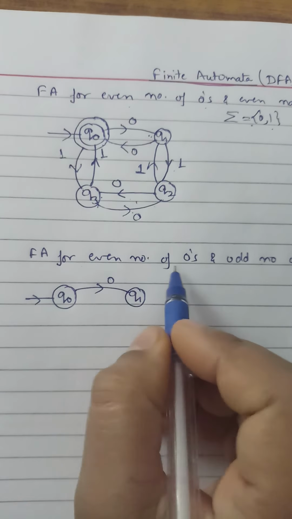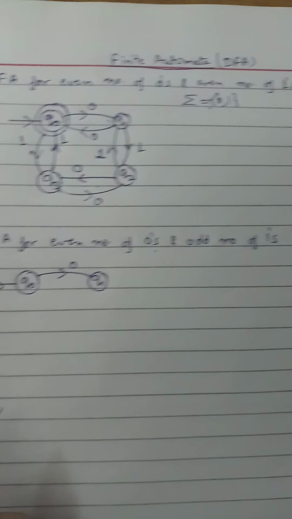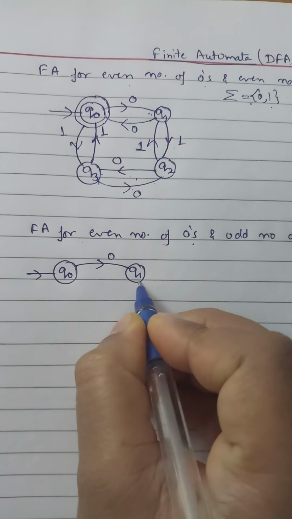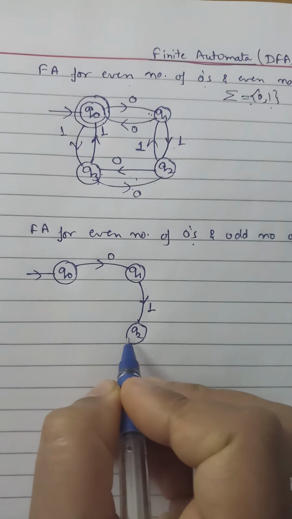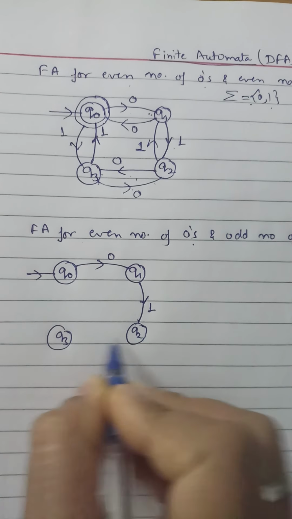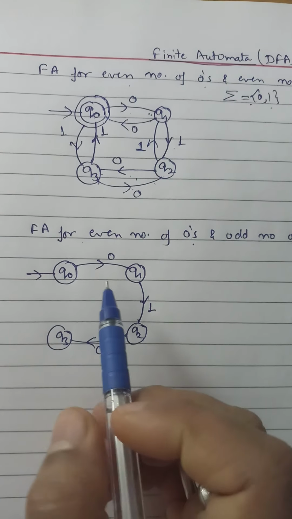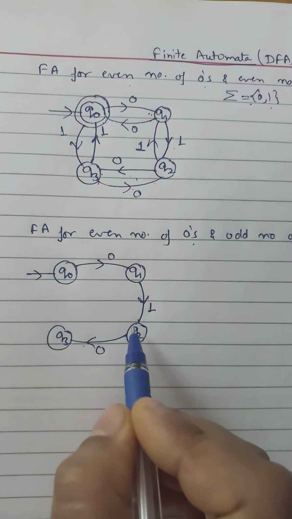Here we need even number of zeros but odd number of ones. And from Q1 to Q2 we take transition of 1, and from Q2 to Q3 we make transition for 0. So here we can see we have even number of zeros and odd number of ones.